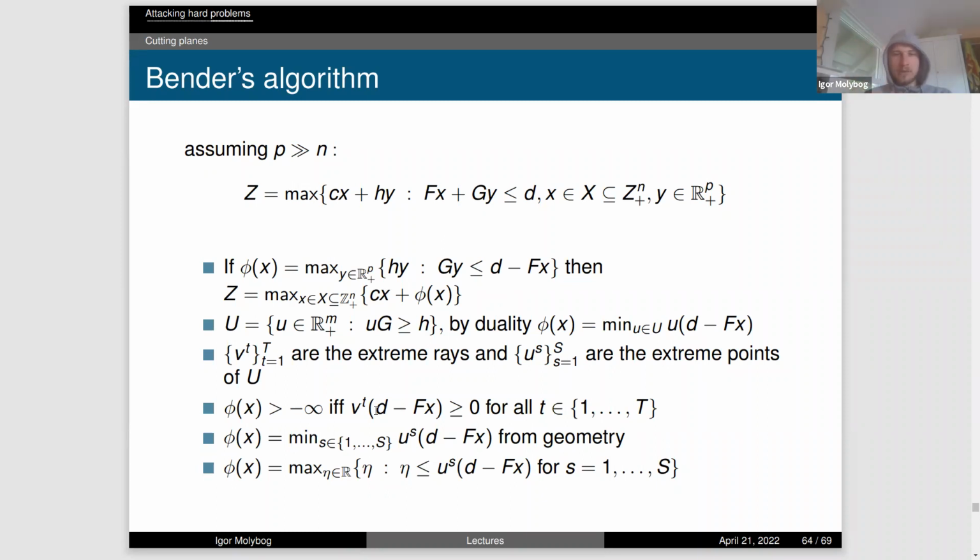In the dual problem, our objective function is given to us with the coefficients of d minus fx. Are there any doubts why this could be true? Is this obvious to anyone?